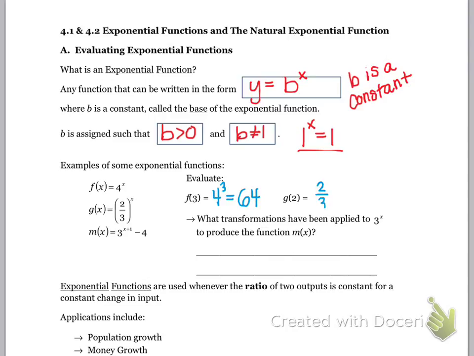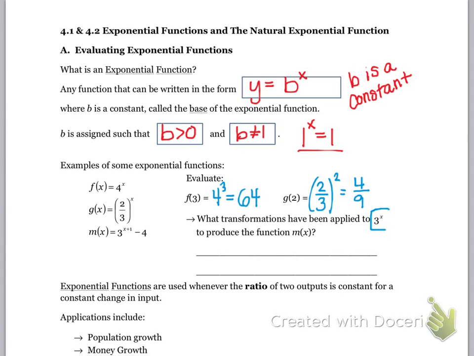And then g of 2, which is 2 over 3 to the second power. So you square the numerator and the denominator like your power to power rule from exponents, and you get 4 over 9.